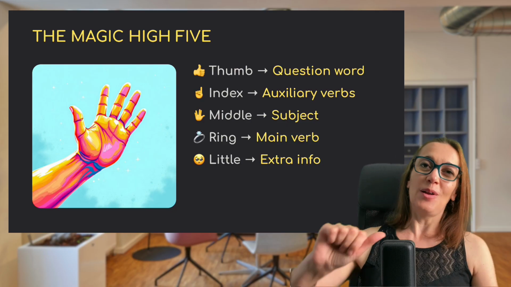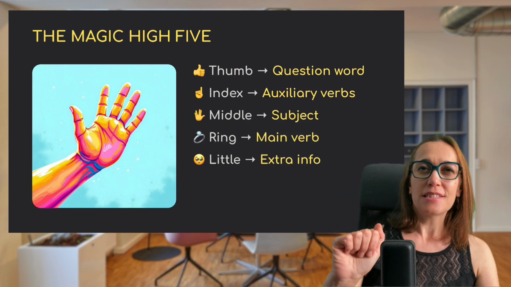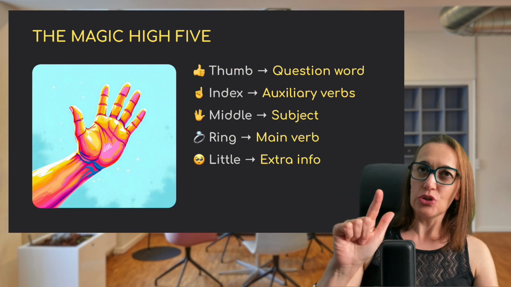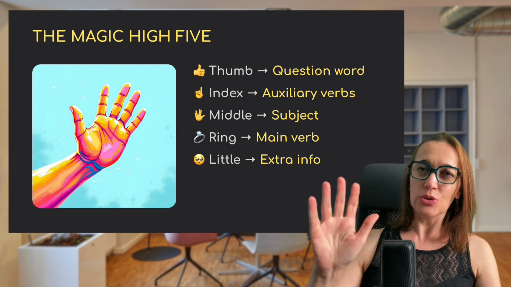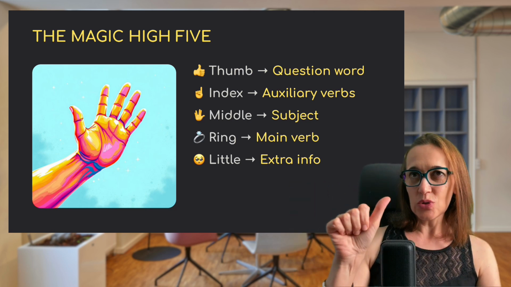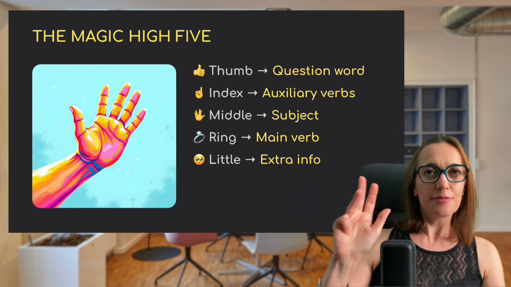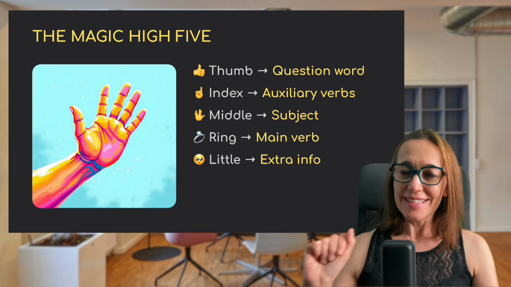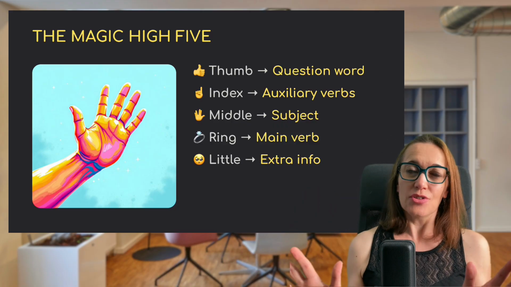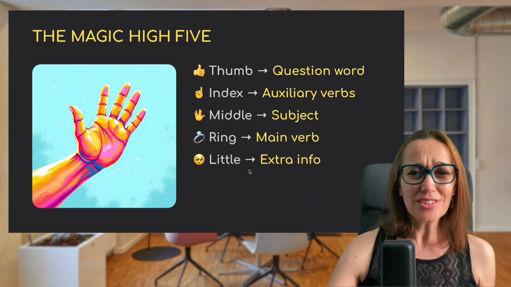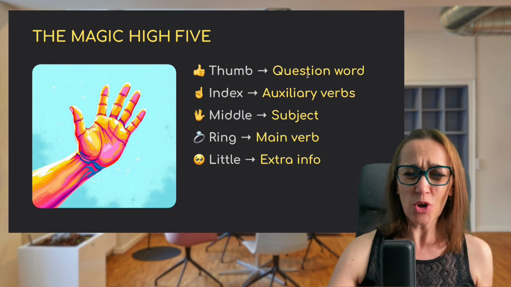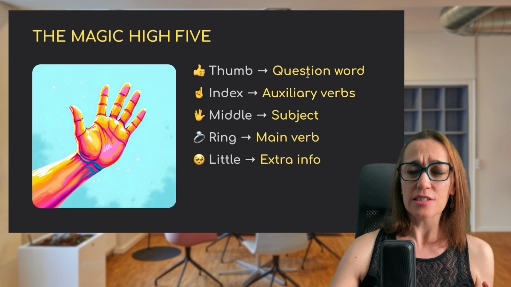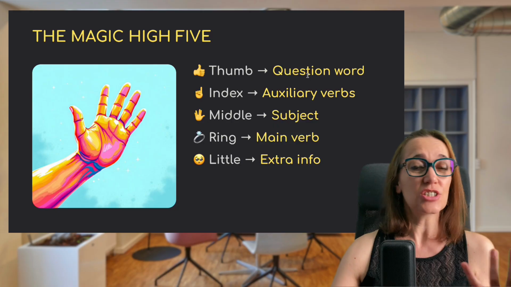For example, let's say, what do you like doing at the weekend? Who are you inviting to your party? Now, we've got yes no questions. I mean, questions that don't start with any question word. We don't ask for details. We just want a yes no answer.